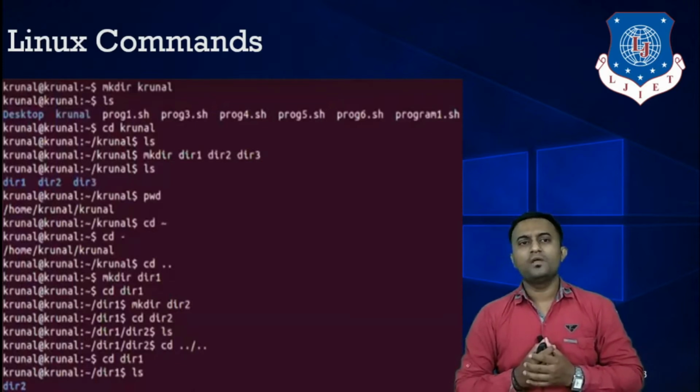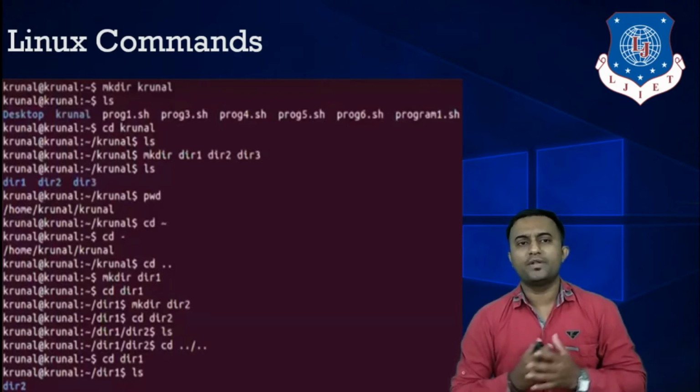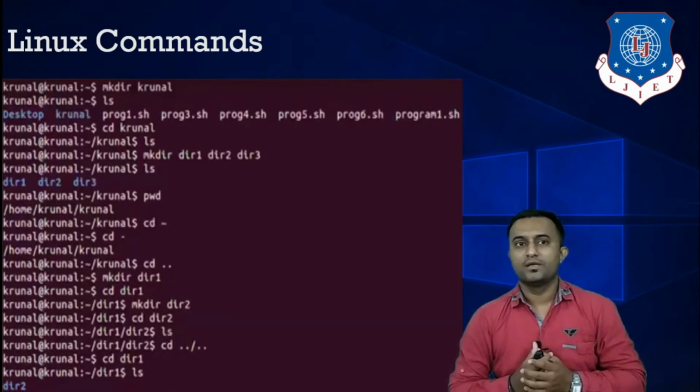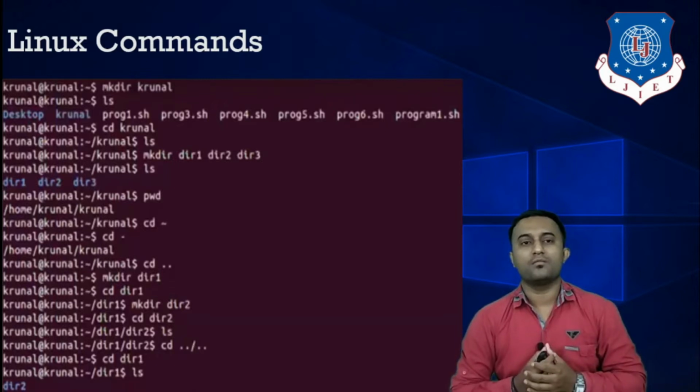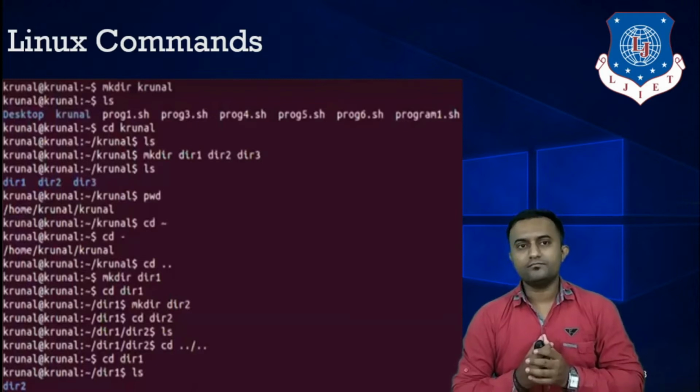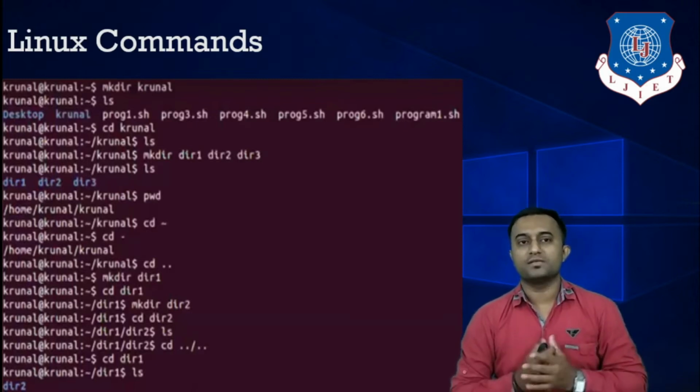Kunal is nothing but the home directory that was created at the time of installing the Linux operating system, and the second Kunal, after the at sign, is the name of the machine created after installing the operating system. The dollar prompt means right now we are in the bash shell. It is the default shell, and it also represents that we are in user mode, not in root mode.